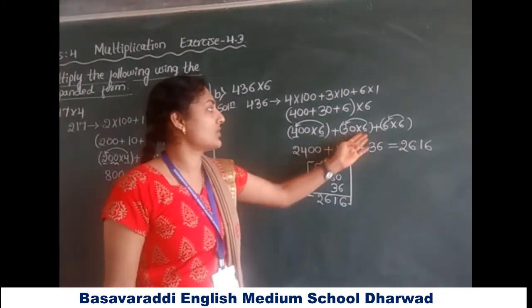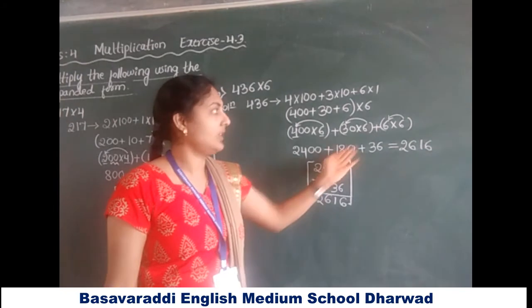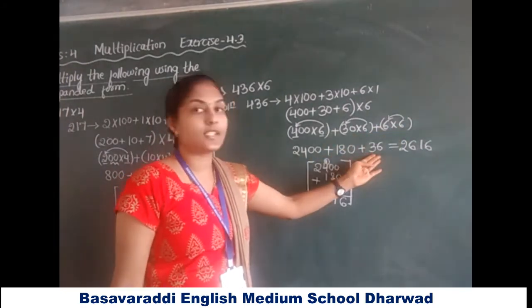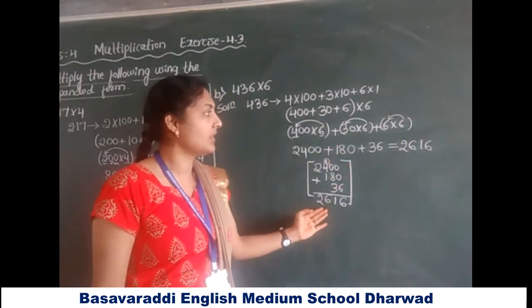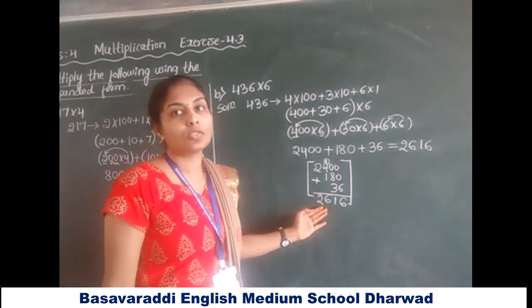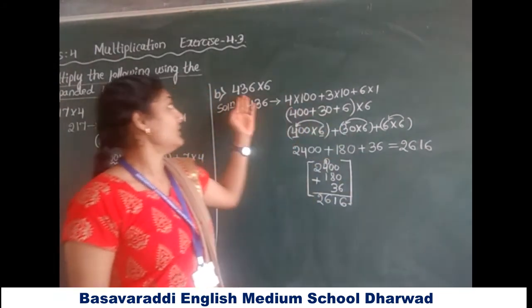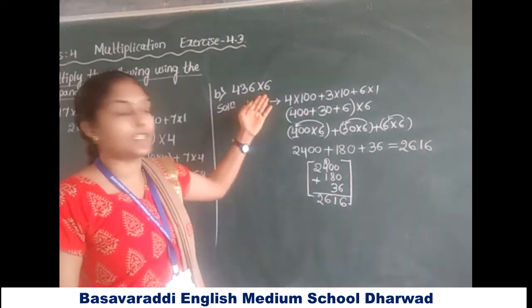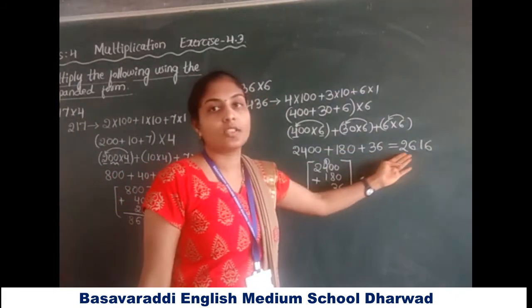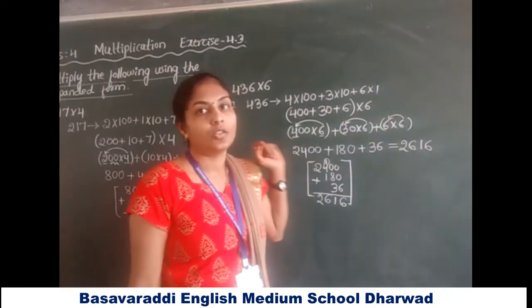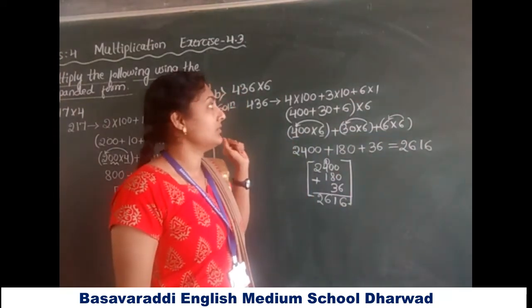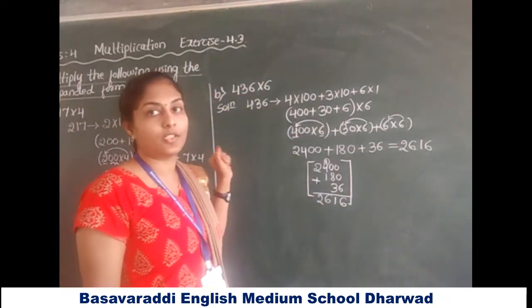Then 30 into 6, that is 180. 6 into 6, that is 36. We add all the numbers there. We get 2616. Yes, the 436 into 6 is equal to 2616. Okay, then do the C1 question there.